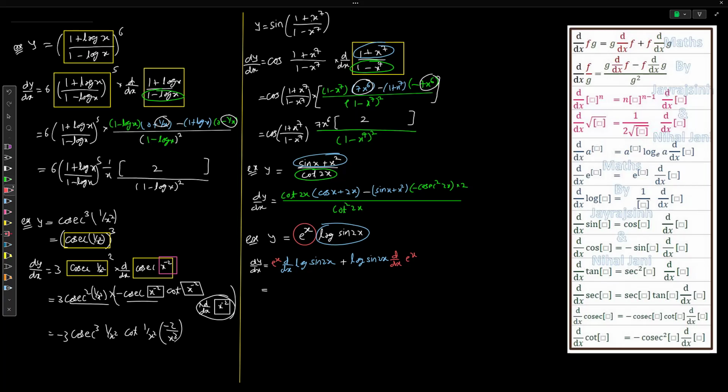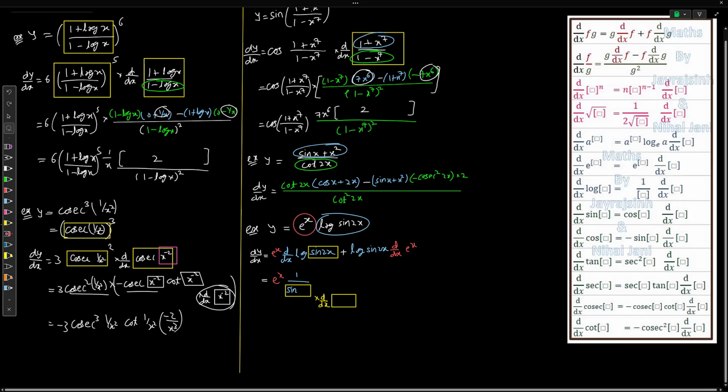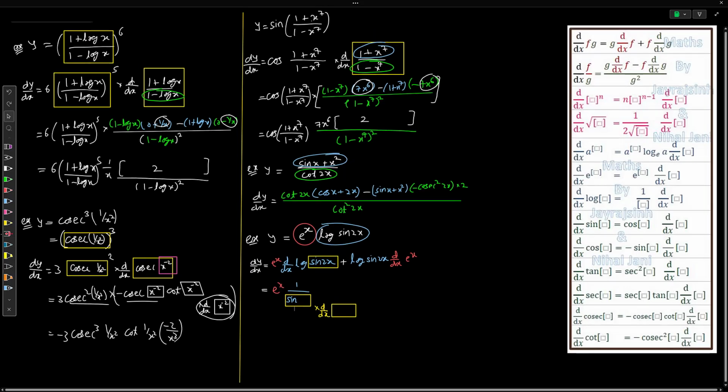Tell me. E raised to x, differentiation of log sin 2x. So, yes, we have to consider a box around the sin 2x. So differentiation of log box will be 1 upon box into differentiation of box. What we have within the box? Sin 2x. Okay.